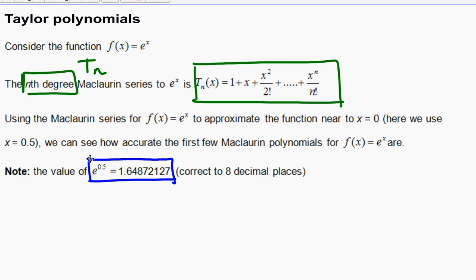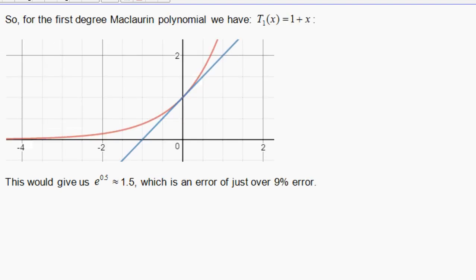But we are going to investigate what happens if you have a first degree polynomial, second degree, third degree, fourth degree polynomial. What happens when you have different degree Taylor polynomials when you're trying to approximate the value of a function? So let's start with a first degree Maclaurin polynomial, which is given by that. This is actually this one here.